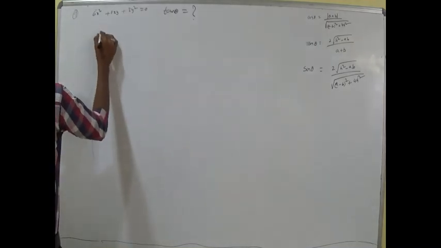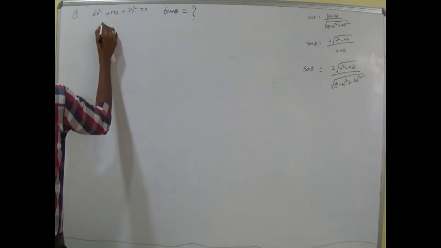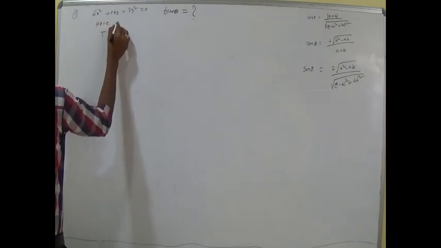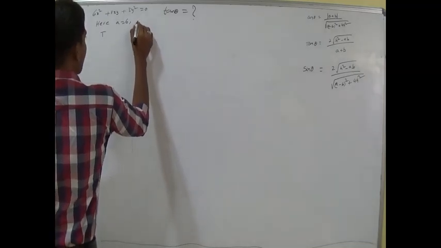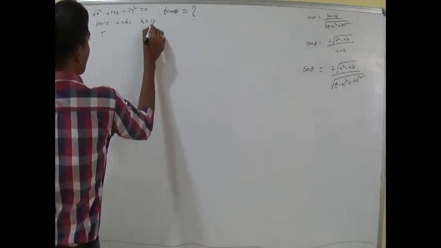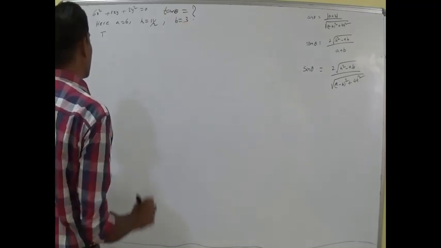Tan theta equal to, here a is equal to 6, h is equal to 11 by 2, b is equal to 3.